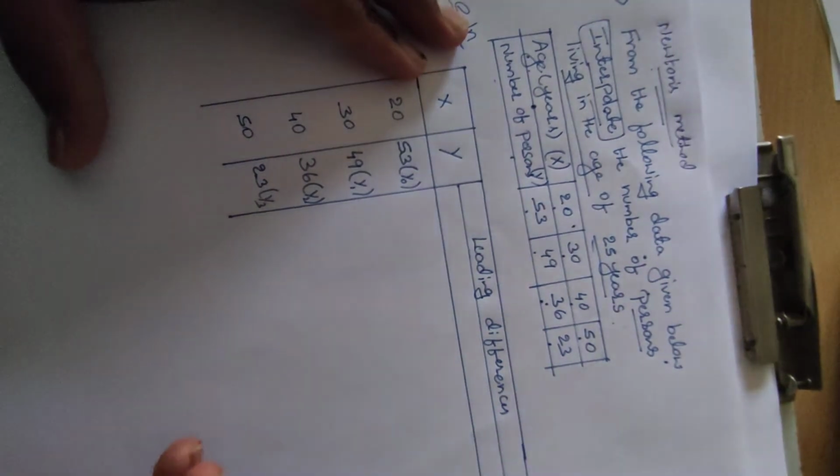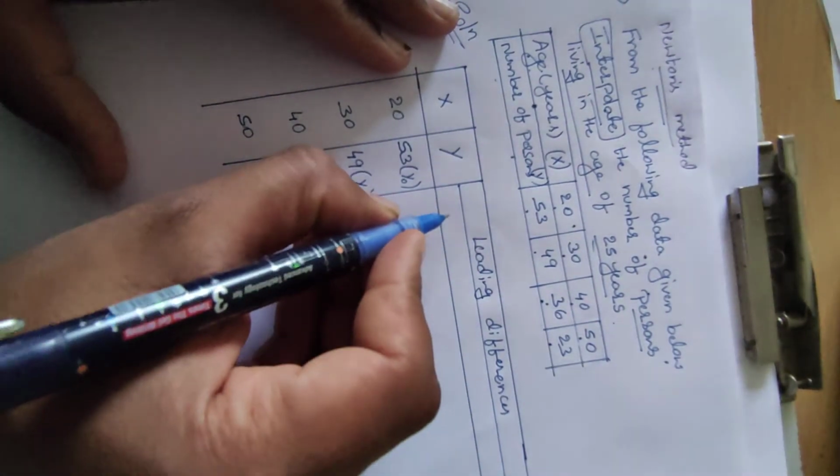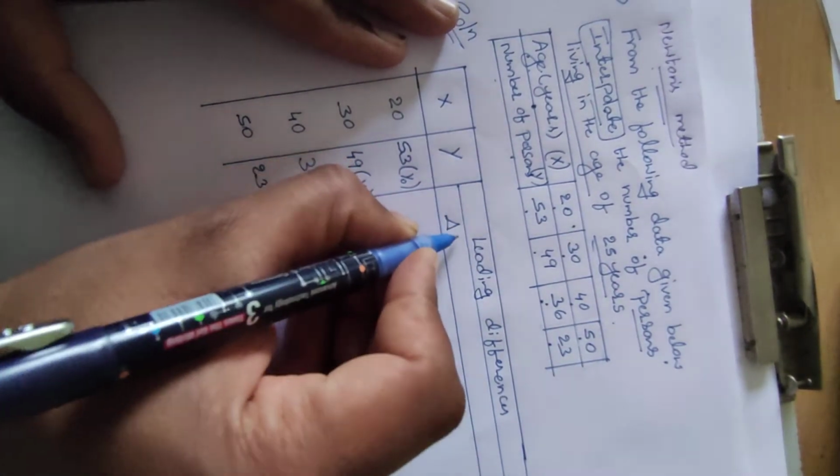The leading differences start from delta power of 1.